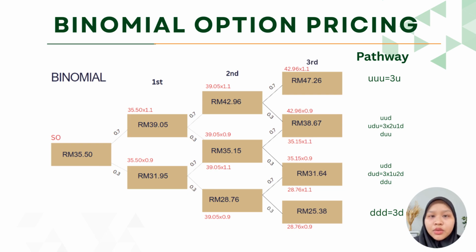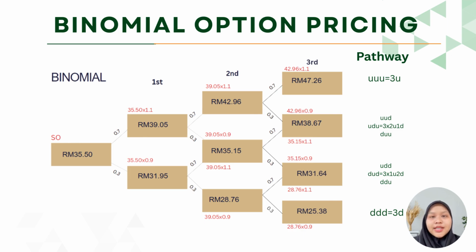We have also assigned a 70% probability to the upside and 30% to the downside. This gives us our first two nodes, which are 39 ringgit 5 cents or 31 ringgit 95 cents.